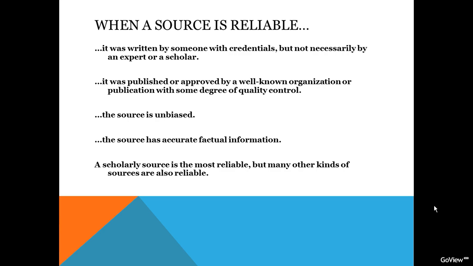It's not easy to get that kind of job. And so a person who writes for a well-regarded newspaper or magazine is someone who has good credentials. A source is reliable if it was published or approved by a well-known organization or a publication with some degree of quality control, like the National Geographic, like WebMD, like the New York Times.